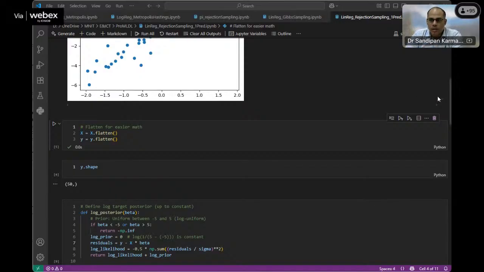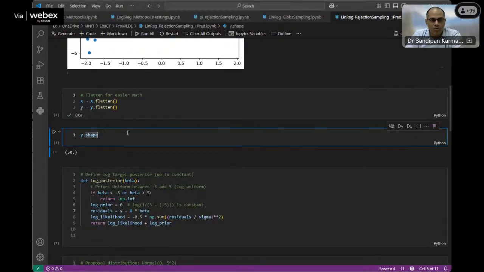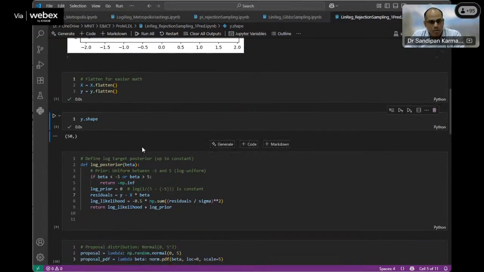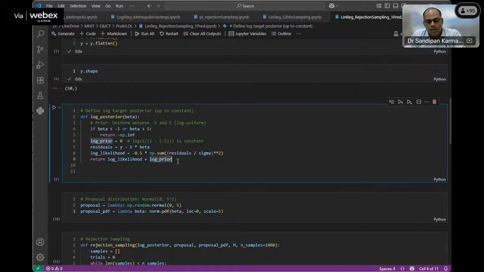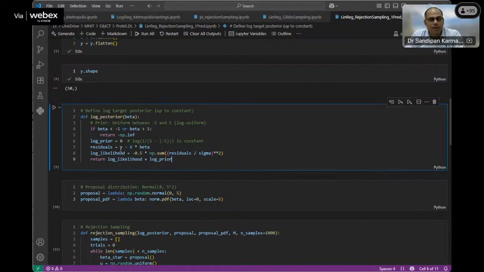So here you can see the logic. What is the shape of y? Okay, got it. Now here the posterior is getting calculated. For that I have created this proposal distribution as a uniform distribution. I have set a boundary that if beta is less than minus 5 or more than 5, then we'll be rejecting.